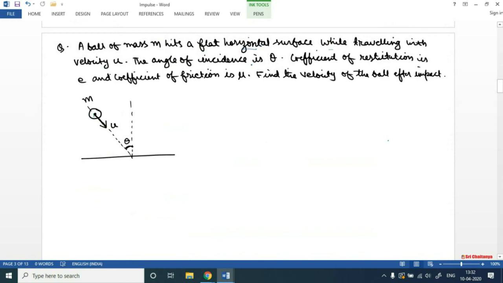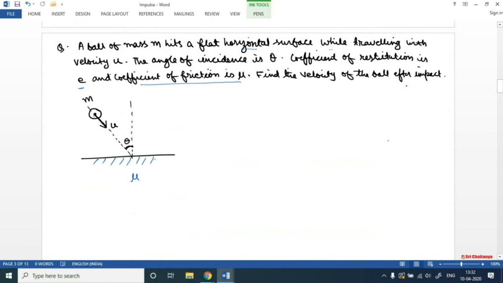The angle of incidence is theta, and the coefficient of restitution is given to us as e. The only difference is the coefficient of friction between this surface and the ball is given to us as mu. So this surface is rough. We are required to find the velocity of the ball after the impact.